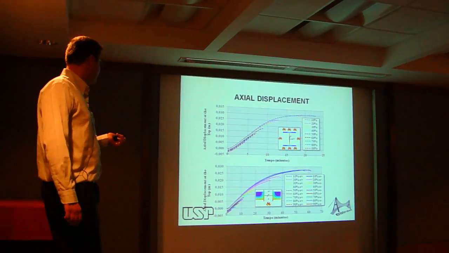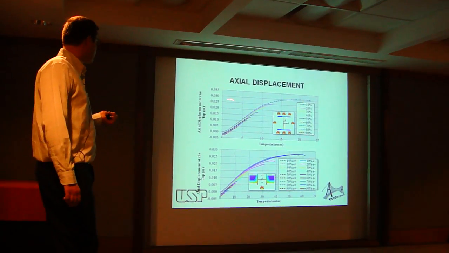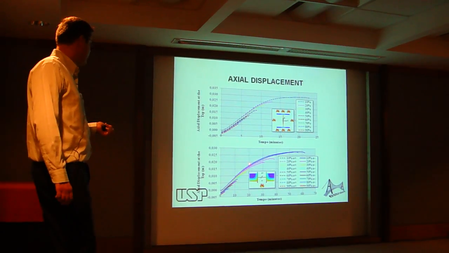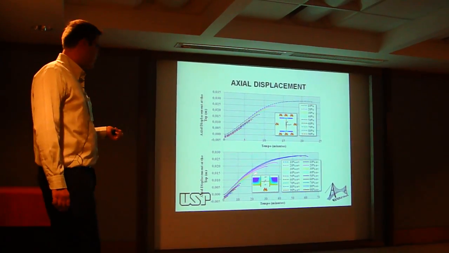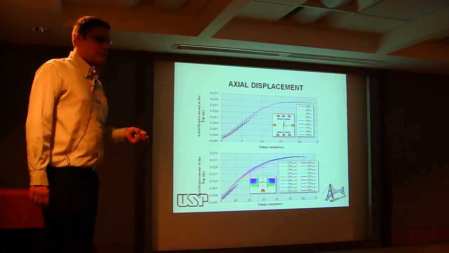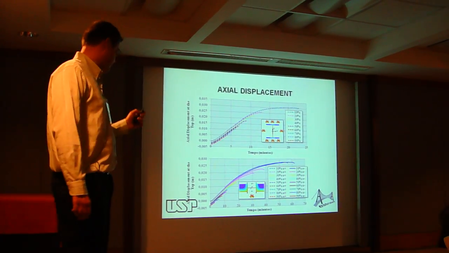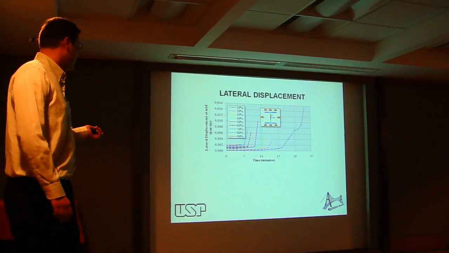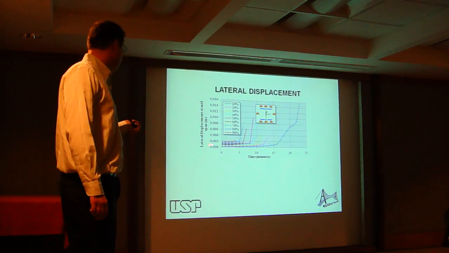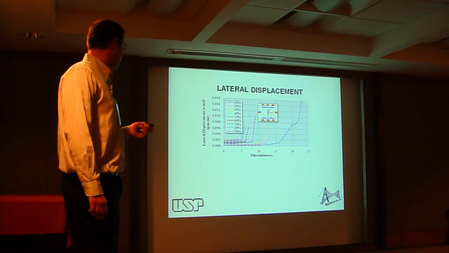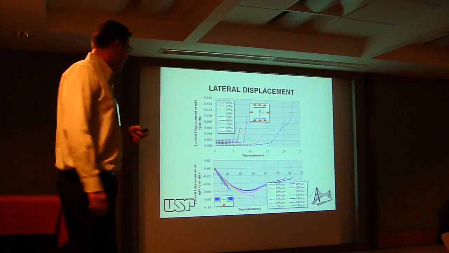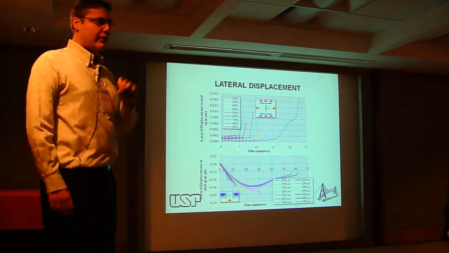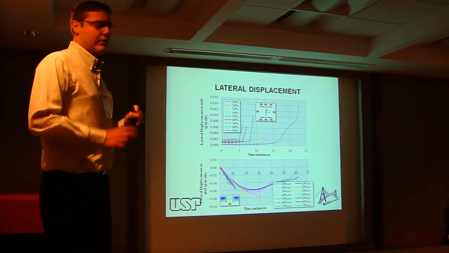The axial displacement at 20 minutes is about 3 centimeters, and for the model with walls reaching the flange it is about half of the axial displacement. The lateral displacement of the single column is almost constant until the critical time. And for the model with walls reaching the flange it is always increasing because the direction of the fire promotes a bowing of the column.